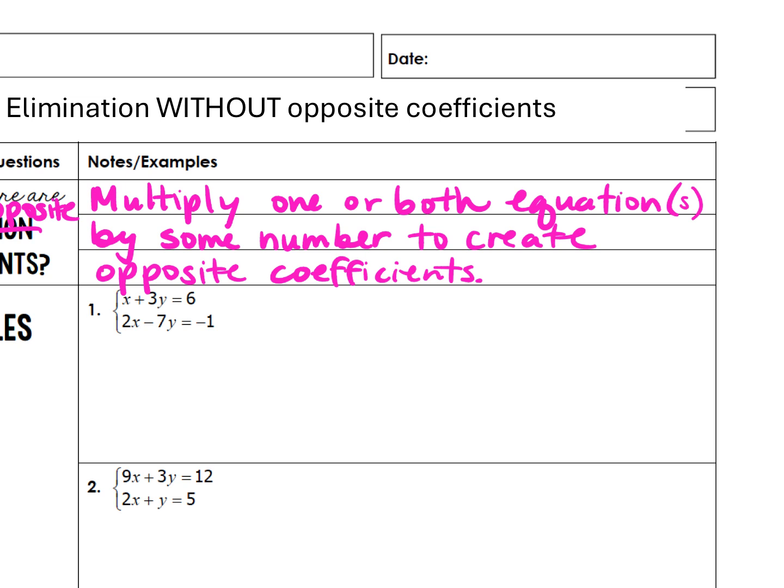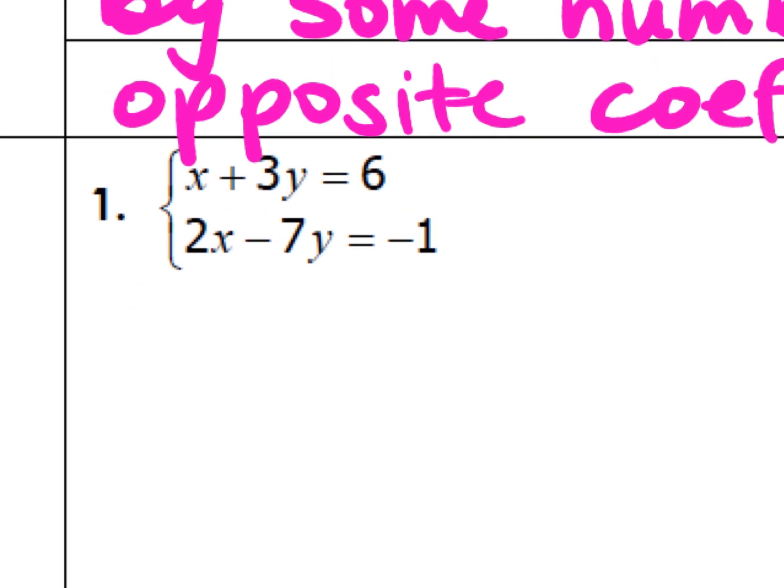Okay, so take a look at this first one. So you have x plus 3y. You don't need to go over this. I just am going to give you colors to refer to. And then you have 2x minus 7y equals -1, okay?